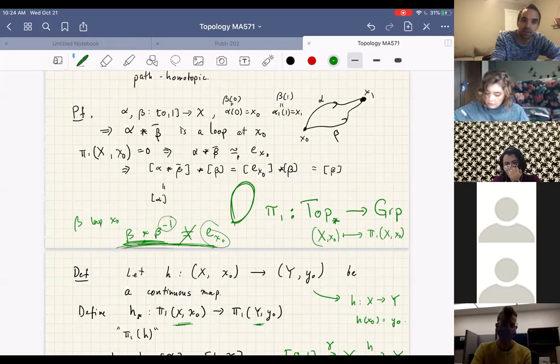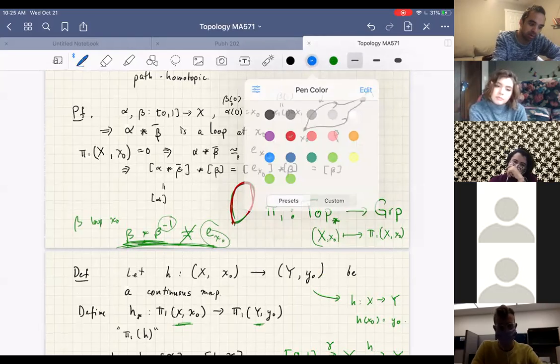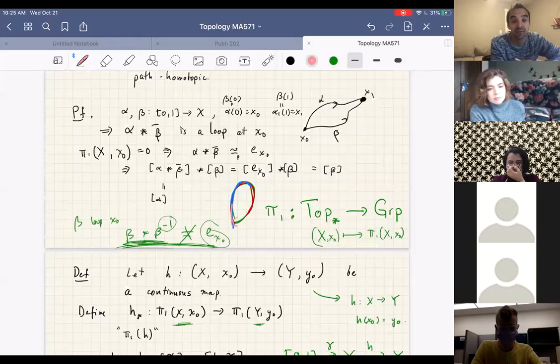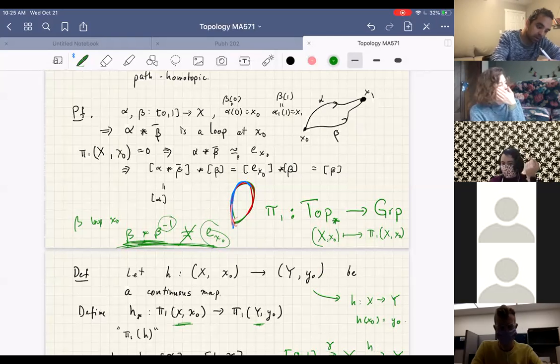It's homotopic to the constant loop. You can always shorten it and so on. So it's more misleading, even though it's the inverse element at the level of homotopy classes. With a bracket around it, this is true.